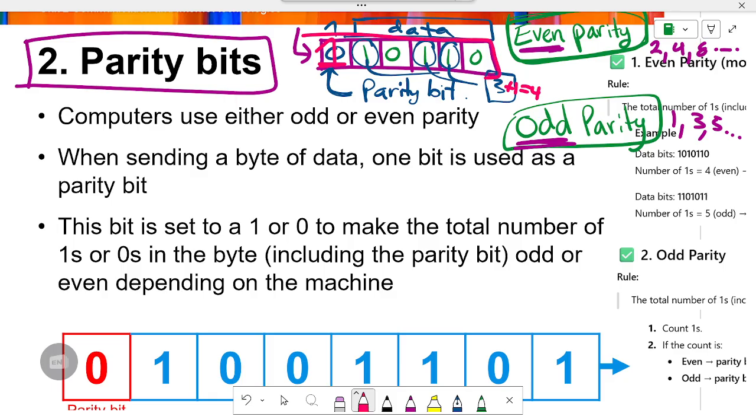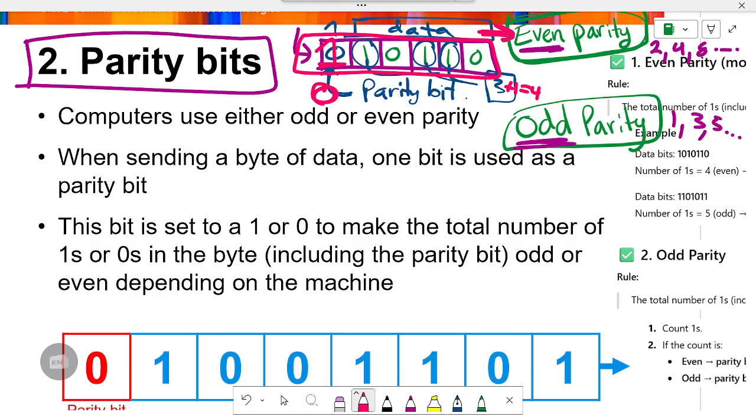So if this was using the even parity, it just means that this bit here has to make all the other ones an even number. If it was odd parity, I would just put a 0 here because it's already 3. Okay? So there's 2 ideas. One is to make the total number of ones in the data transmitted an even number. The other idea is it's odd.